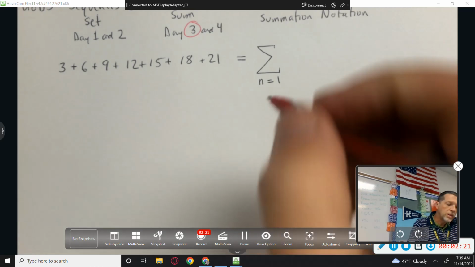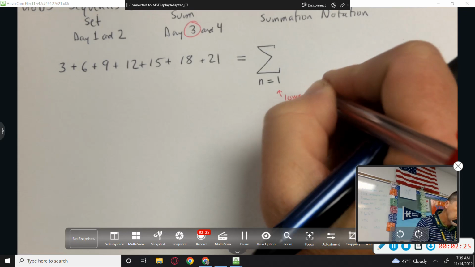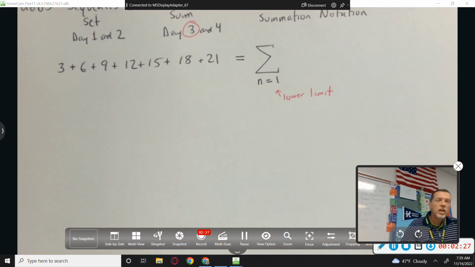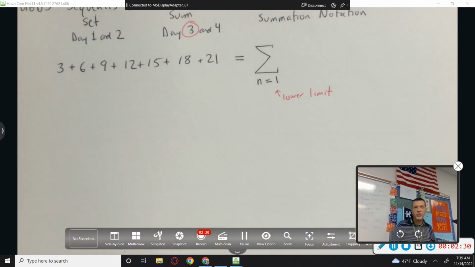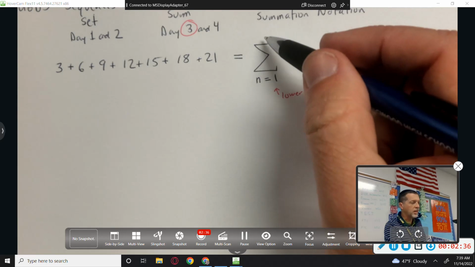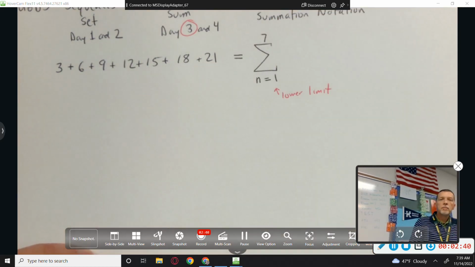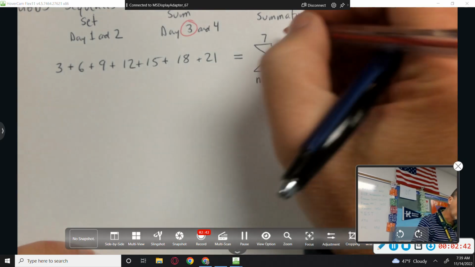N equals 1, that's our lower limit. Lower limit because it's our first term, but lower limit as in it's also the lower limit on the picture, it's lower than the upper limit, which is the top number. So 7, that's our upper limit.